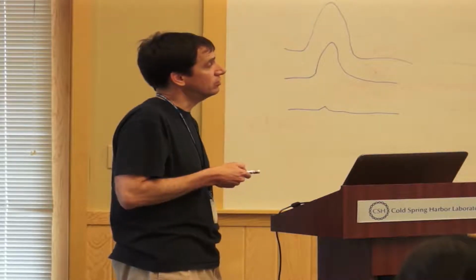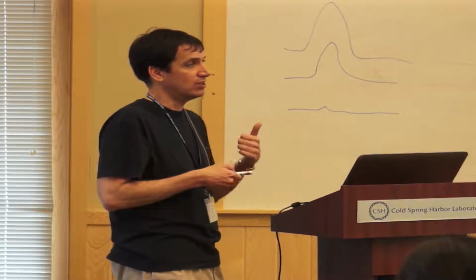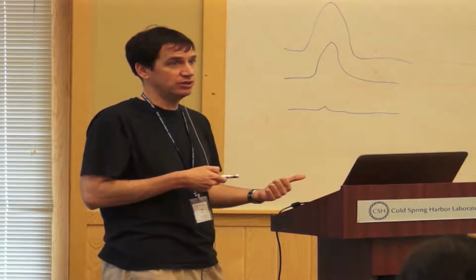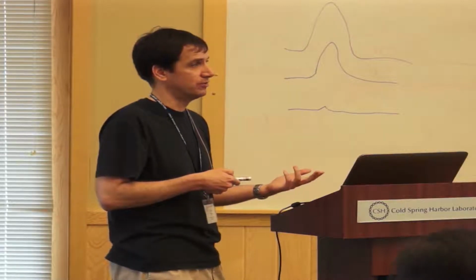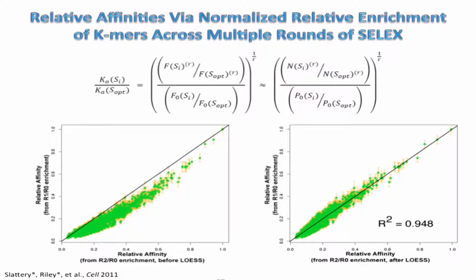In the later rounds, we have less accuracy because we have this buildup of the saturation effect, but we have greater precision because we have higher counts. So by doing the lowess regression, we're trying to marry the higher accuracy of round 1 with, in this example, the higher precision of round 2.